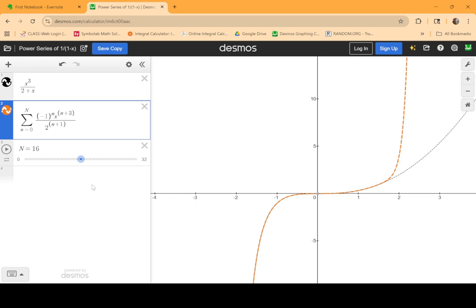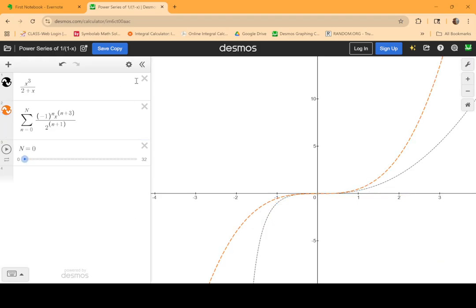Now we can see it starts at 0 here. Even right away, it starts as a cubic, so it doesn't have the constant term. And again, with more and more approximations, we see that we get closer and closer, and it expands more across that whole interval from negative 2 to 2. It starts to get closer and closer to the actual function itself.